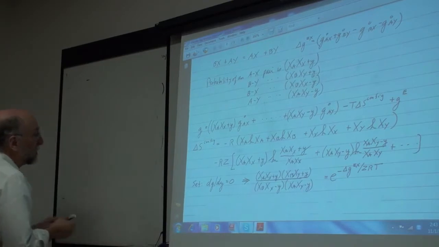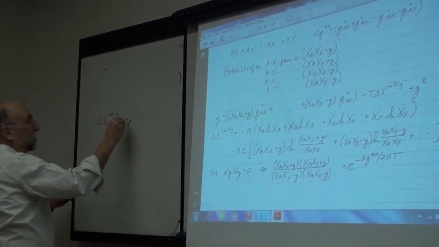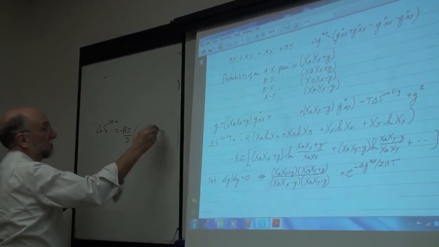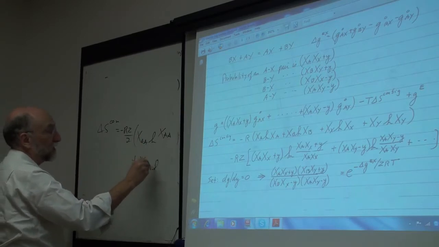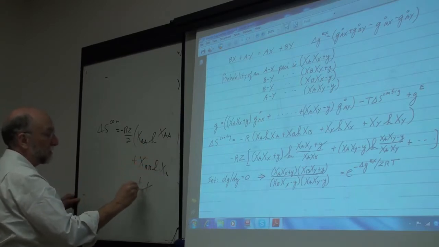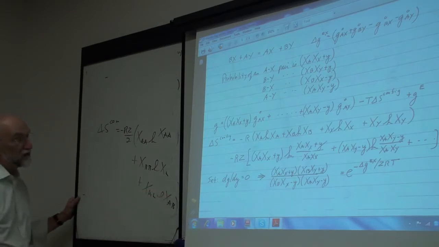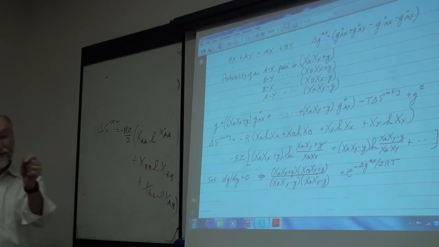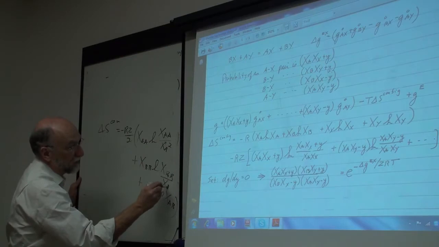Remember, in the quasi-chemical model for one sublattice, the configurational entropy was minus RZ over 2 times the number of AA pairs times the log of the AA pairs, plus, first of all, we mix the pairs, X_BB plus X_AB log X_AB. We mix the pairs over the pair sites. Then we said that overcounts the pairs, because if this is a BB, this can't be an AB, so you divide by the number of pairs in the ideal solution.